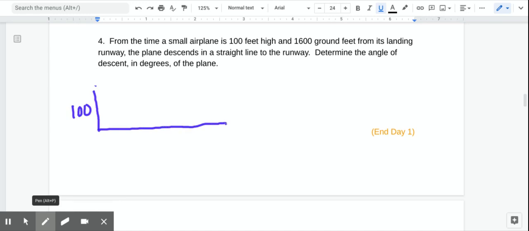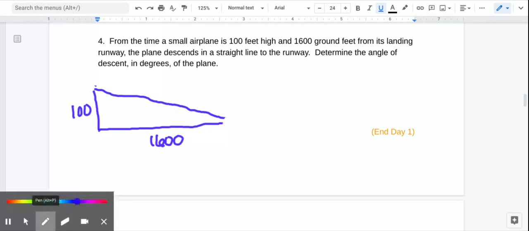And the ground distance, that's the distance along the ground, is 1,600 feet. That is not drawn to scale, but whatever. The runway starts here. So it's going to start descending so that it can hit the runway, and let's just pretend that triangle's a little bit longer. So that's the situation we have going on here.